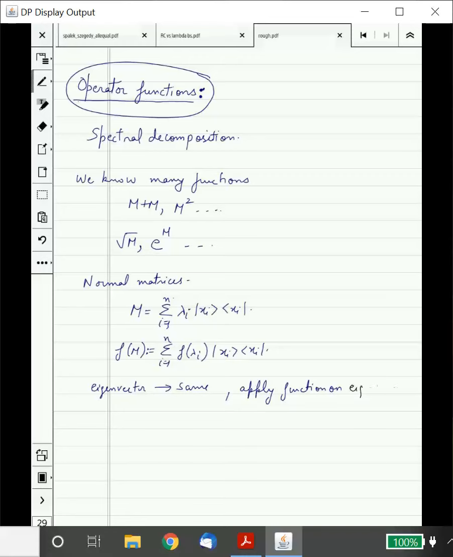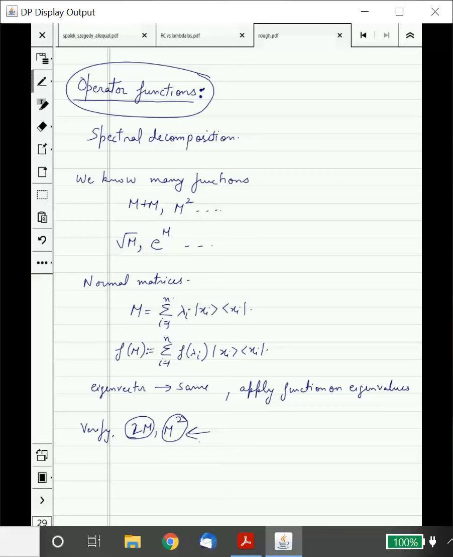You can easily verify that it conforms with the definition of 2M and M square. In other words, the eigenvalues of 2M are twice the eigenvalues of M. The eigenvalues of M square are the squares of the eigenvalues of M. So it exactly matches the definition when we apply these simple functions.